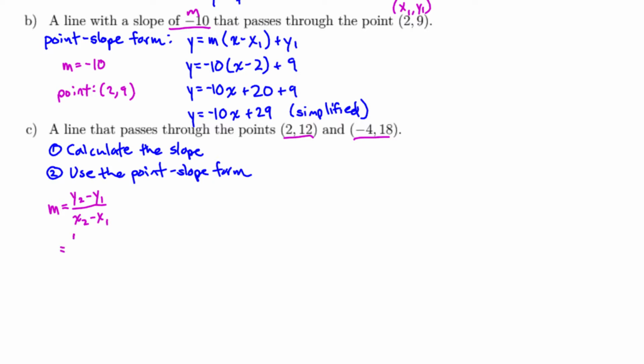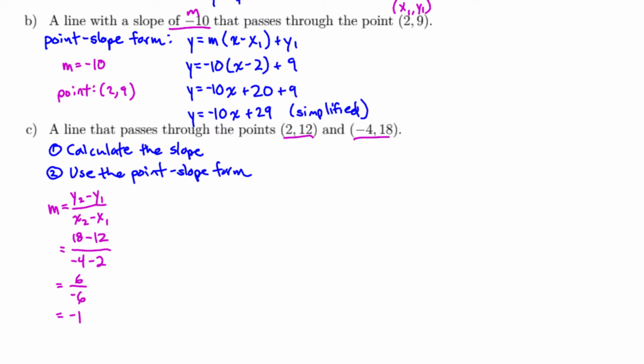So we'll have 18 - 12 in that numerator, and then -4 - 2 in that denominator. So that numerator will simplify to 6, denominator will simplify to -6, and we'll have -1.